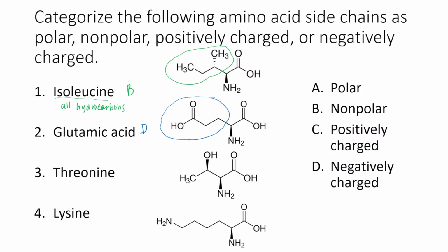Yes, I guess negatively charged is sort of a more extreme version of polar in that sense. But at physiological pH, most of the time, this proton in the side chain will deprotonate from this carboxylic acid region, and we will end up with a negative charge. So it's acidic, loses a proton, or it donates a proton.